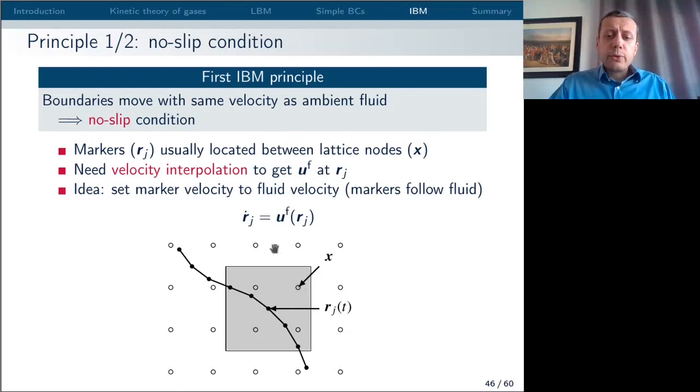And then, because you have the no-slip condition, the marker should move with the same velocity as the fluid at the position of the marker. So r_j dot is the time derivative of the position of marker j, and it has to be the same, by the no-slip condition, as the velocity of the fluid evaluated via interpolation at the position of the marker.